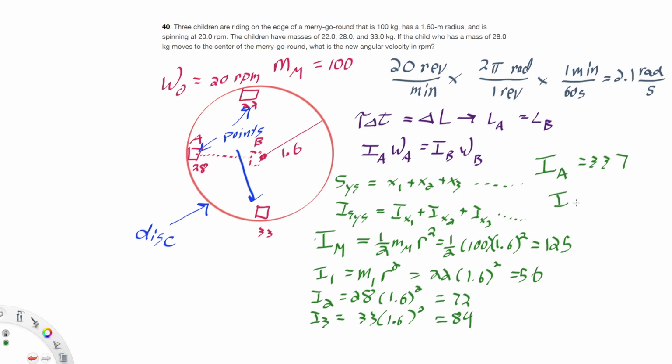If that 28 kilogram kid moves to the center, then they're now at a distance of 0 from the axis of rotation. So they don't contribute anything to the moment of inertia. So we just leave out this 72 bit. So the moment of inertia after the kid crawls to the middle is only 265.